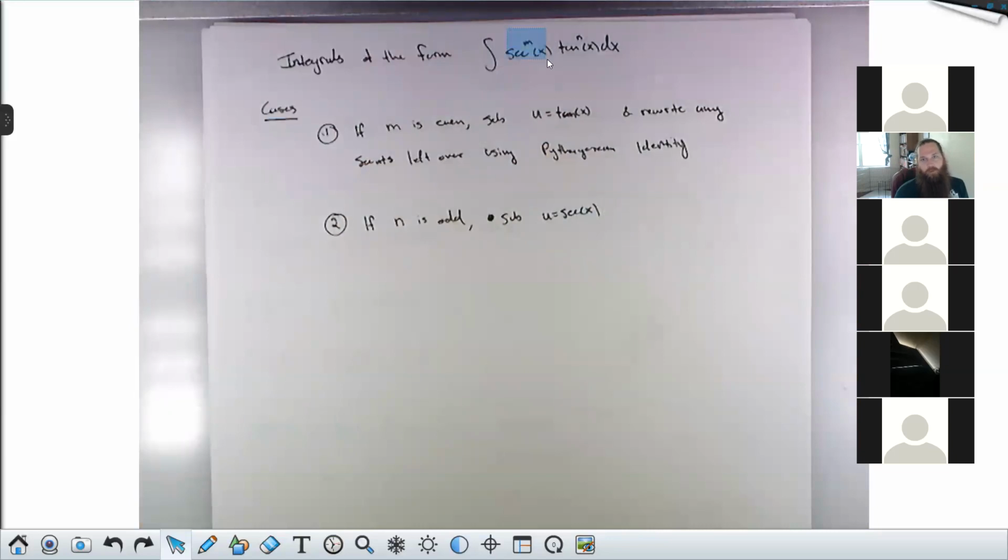One of the powers of secant will go away. That's all right, we'll just have one less power of u. One of the powers of tangent will go away. And if you take one away from an odd power, you get an even power. So the remaining powers of tangent left over will be even. And just like in all these other things, you're going to use the Pythagorean identity to rewrite the remaining even powers of tangent as secants.